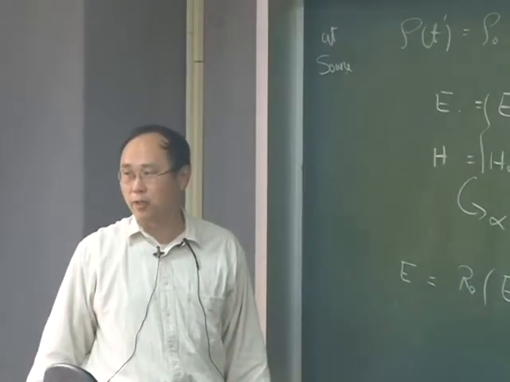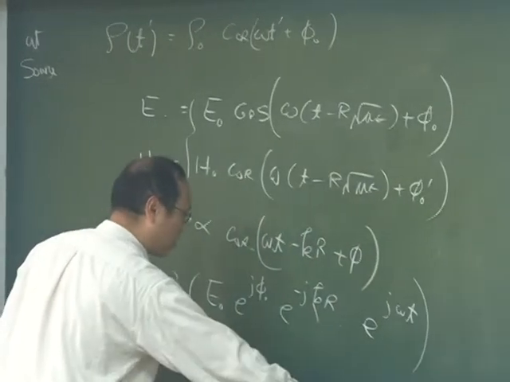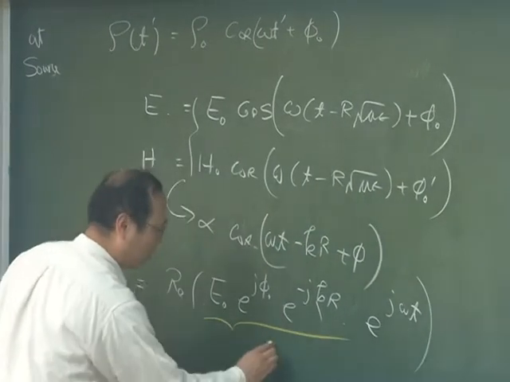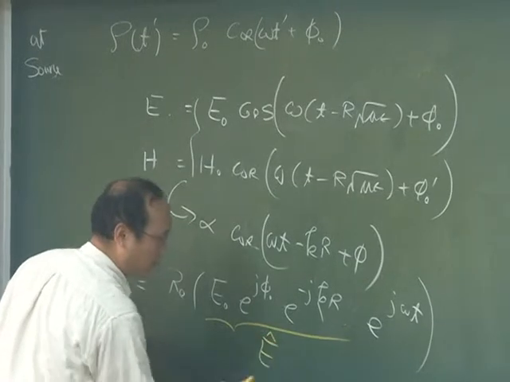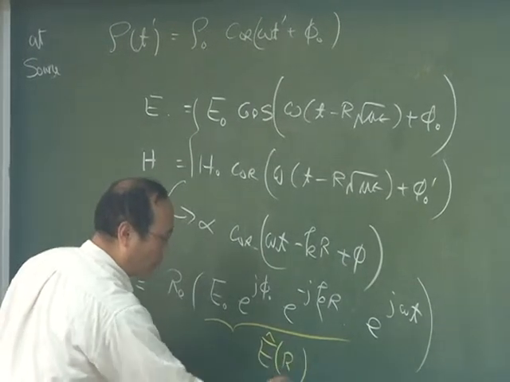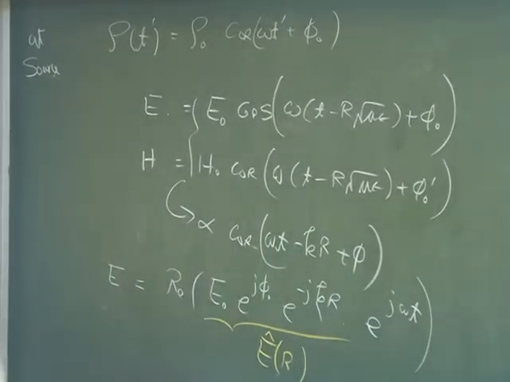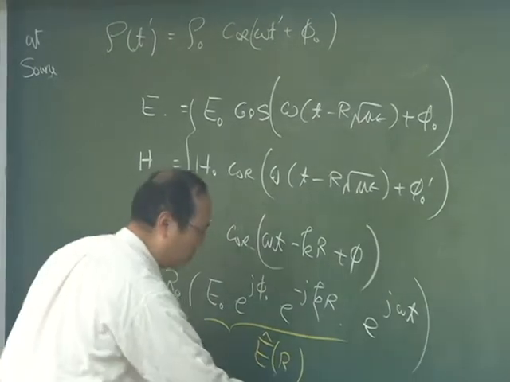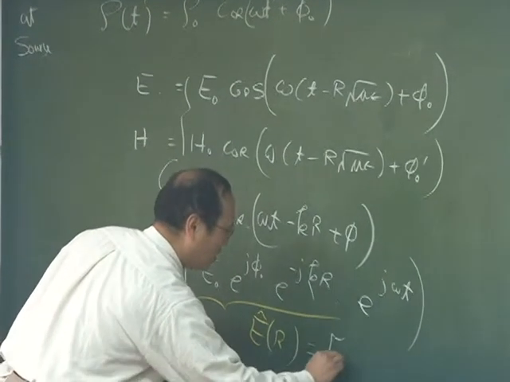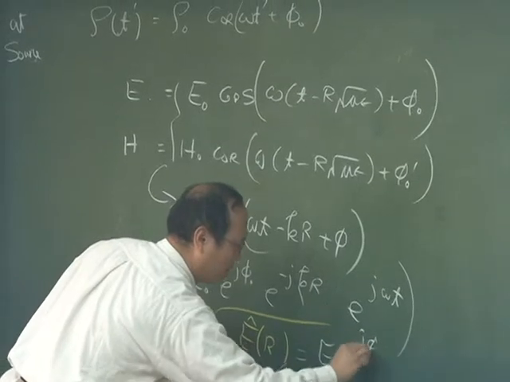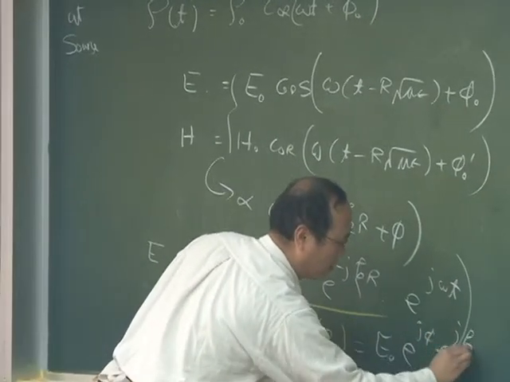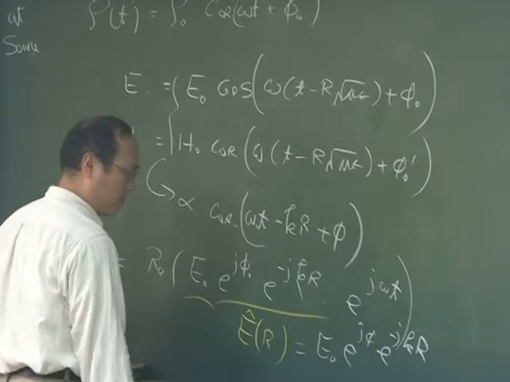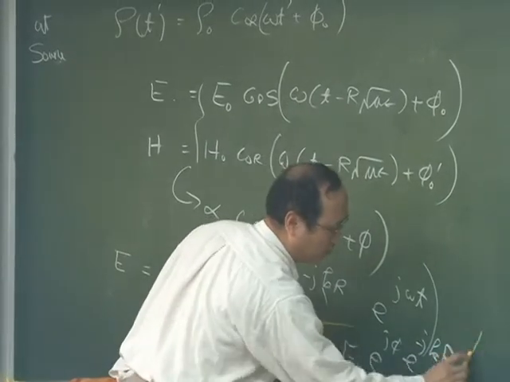This is a harmonic field. And this part of it is called the phasor, which is only a function of r. We call this the phasor.